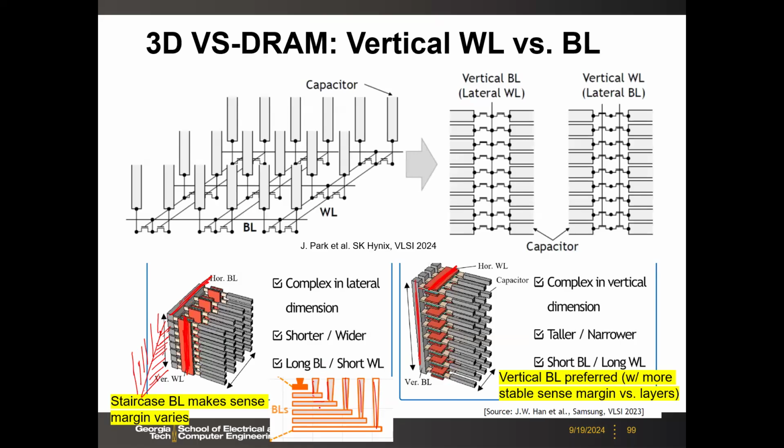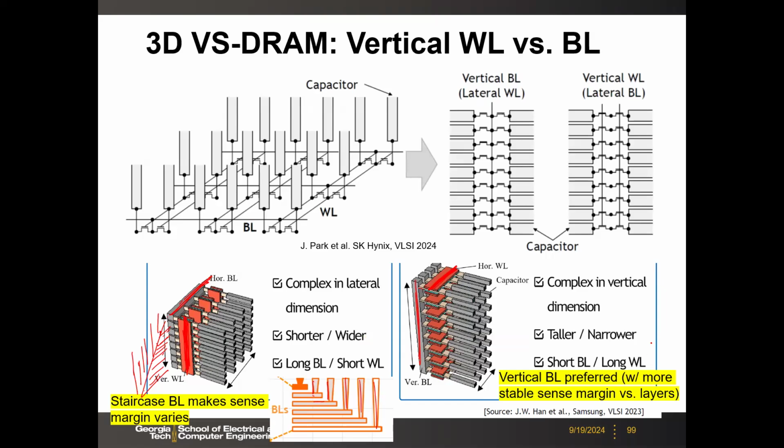So that will make the bit line length different for different layers. The bit line length being different is a warning, right? Because of the sense margin, delta V, right? Bitline capacitance. That means bitline capacitance is different for different layers. So the sense margin is not uniform. For the circuit design, it's not good.